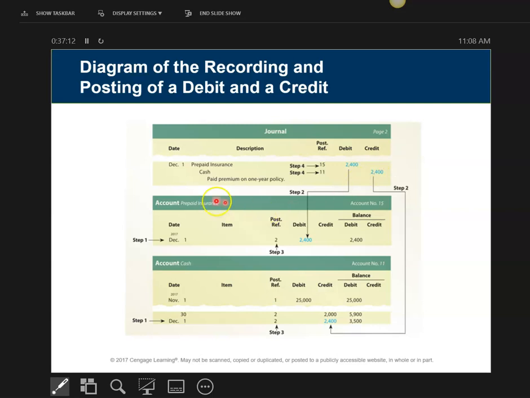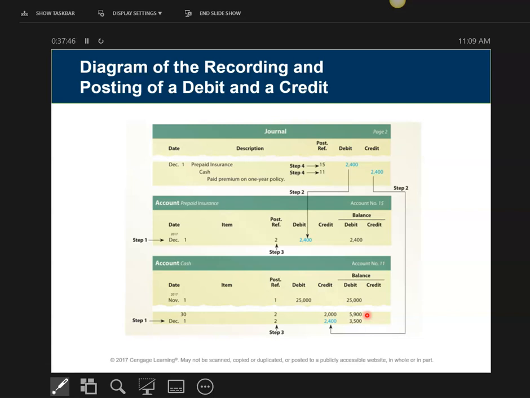The second line is for cash, and we credit it for $2,400. So we go to our cash account, put December 1st, and I already have information in here for cash. December 1st, page 2 of the general journal, and I credit it for $2,400. So you're going to copy from here into here. Previously, my balance was a $5,900 debit, and if you remember, assets have a normal debit balance.